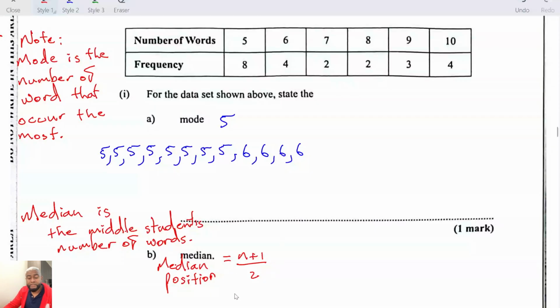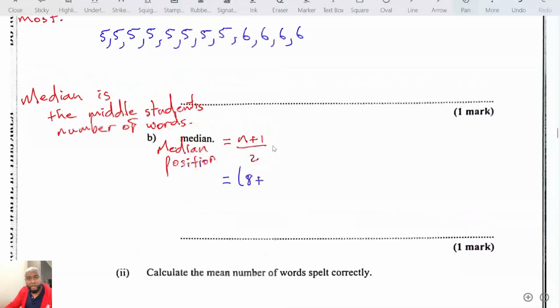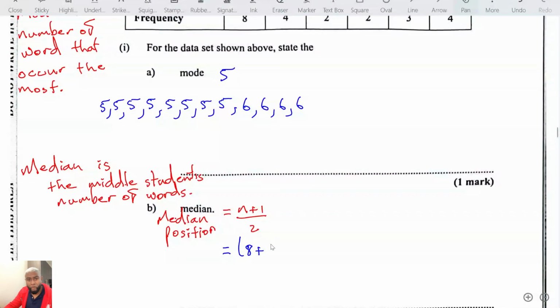So N, how many students do we have in all? Let me write out everything. It will be 8 plus 4 plus 2 plus 2 plus 3 plus 4 plus 1 all over 2. What are we getting there? Which student are we looking for?